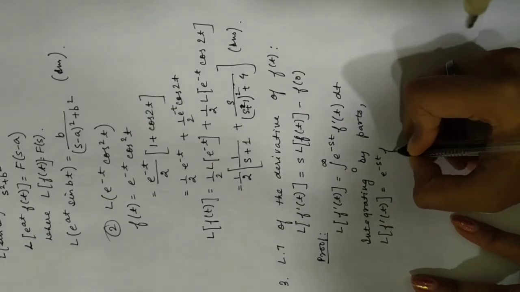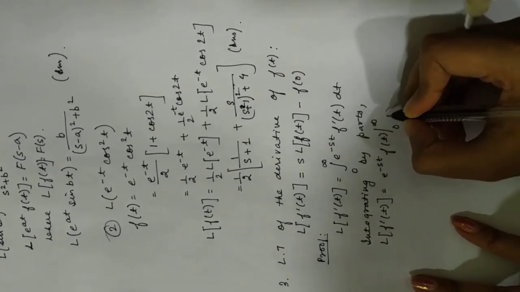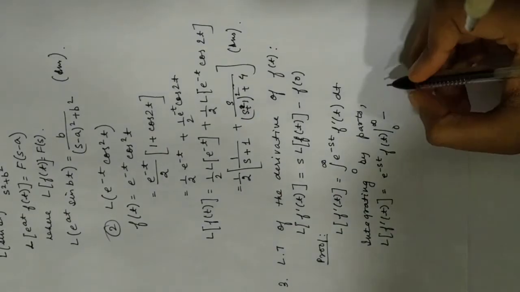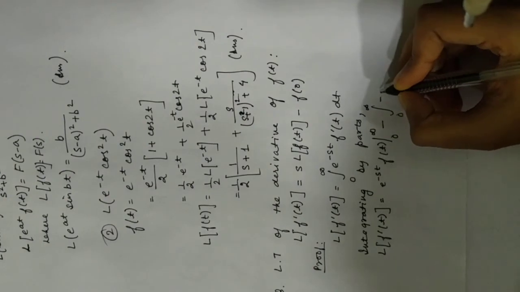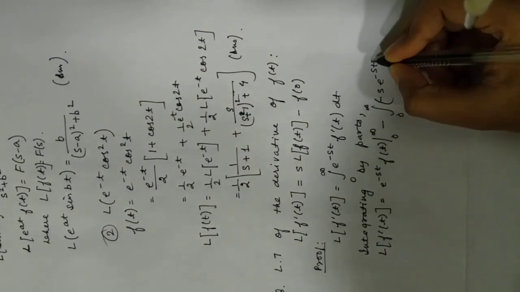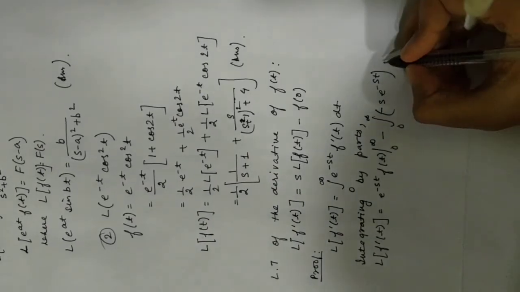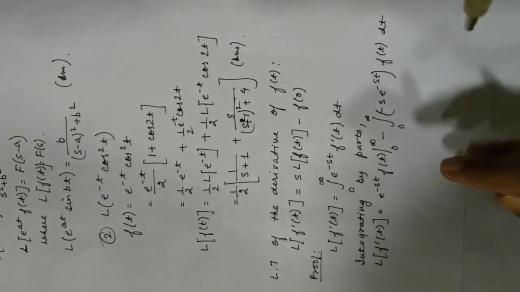integration of second function, that is it becomes f t from 0 to infinity, minus d/dt of the first function, that is minus s e to the power minus st, times the integration of the second function, so this becomes f t dt, right?